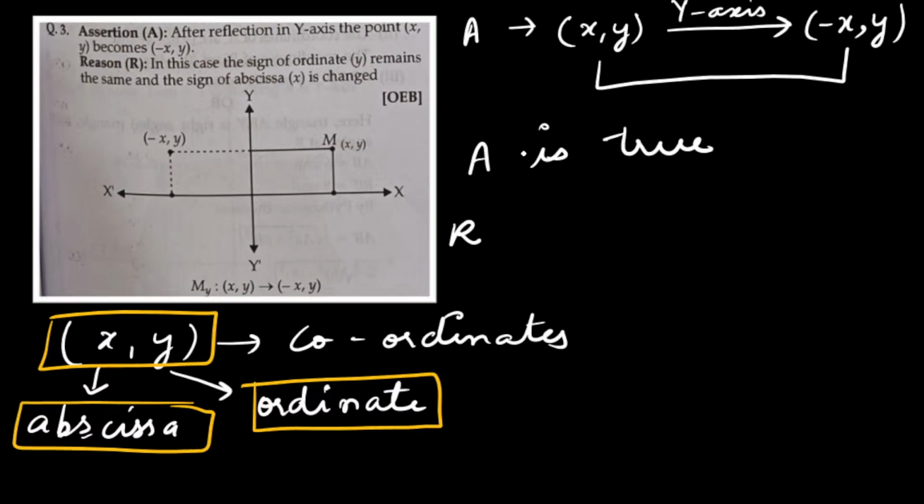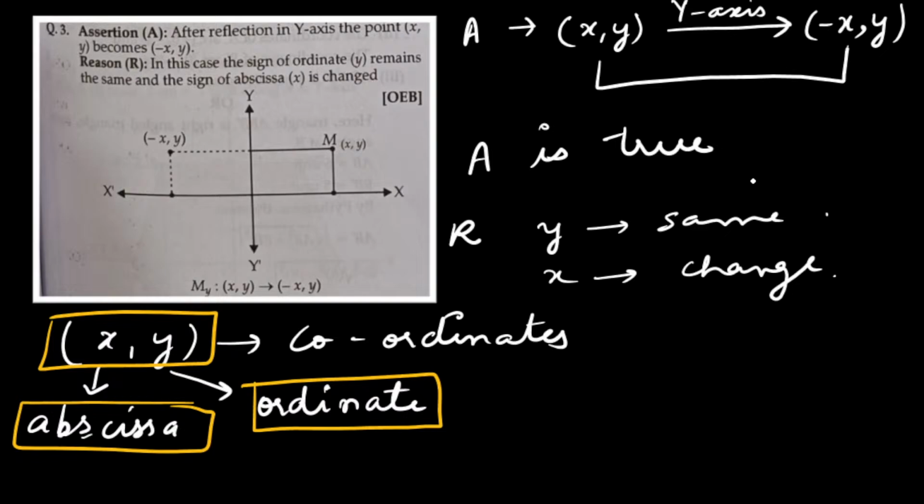So what they are telling in this case is that the sign of the ordinate remains the same. So the y sign will remain the same, and abscissa means x, so the x sign will change. So that's true. Here you can see the sign of the abscissa we have changed. X only changed from positive x to negative x.